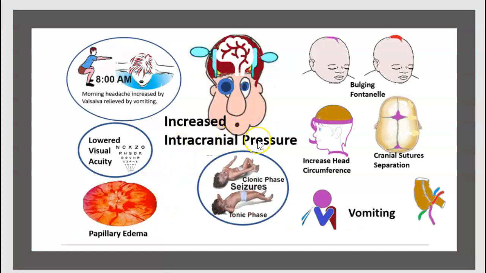Increase intracranial pressure, HEM: headache, morning headache, increased by Valsalva and relieved by vomiting, bulging fontanelle under 3, with increased head circumference, cranial sutures are separated, seizure, vomiting, after 3 pseudoappendicitis.